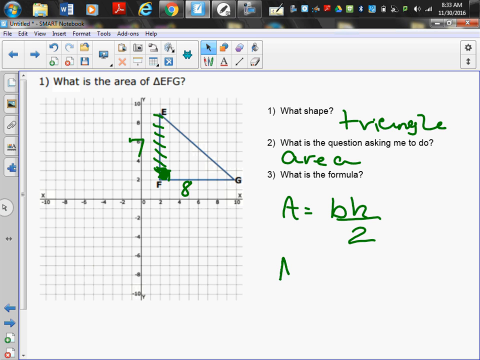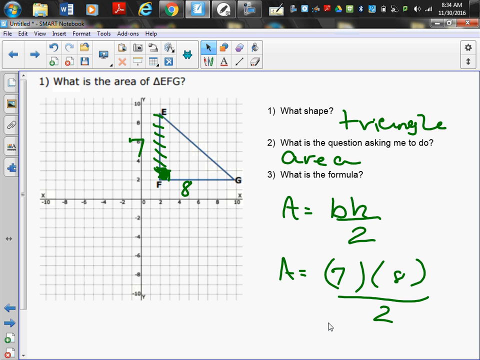So A equals... now, we talked yesterday about a calculator trick because the biggest problem people have is putting things in their calculator incorrectly. So who remembers how I put this in a calculator?